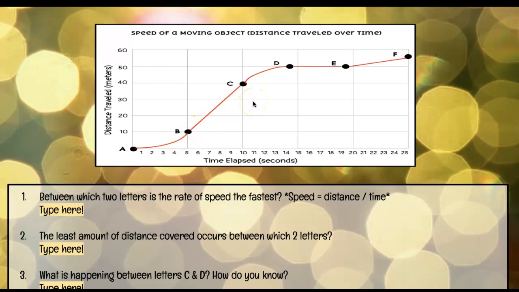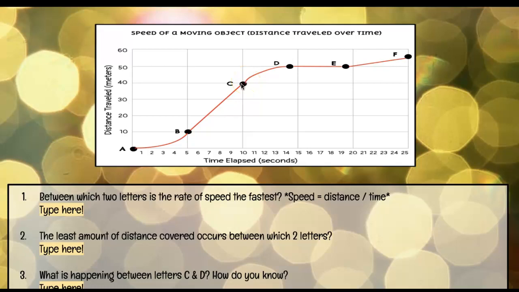But what we know about slope and the way a line looks is the steeper the line, the faster the object's going, right? The steepest line we see on this graph is B to C. From B to C, that object went a total of 10, 20, 30 meters, and it only took it 5 seconds to go that much.